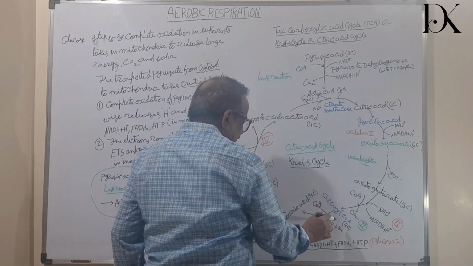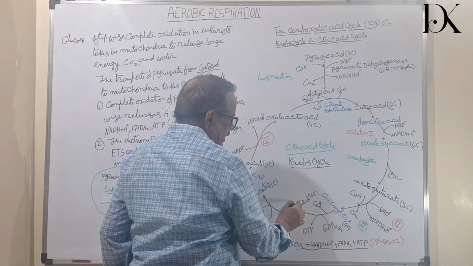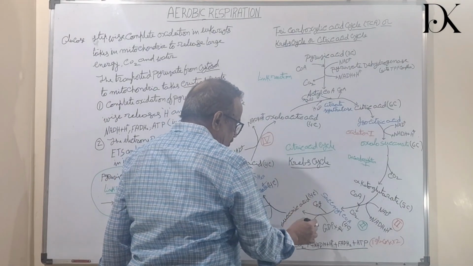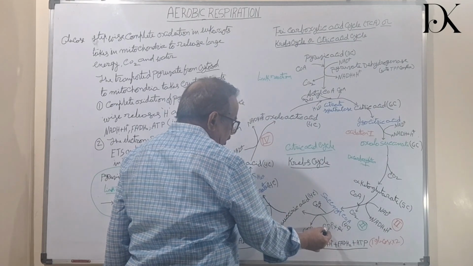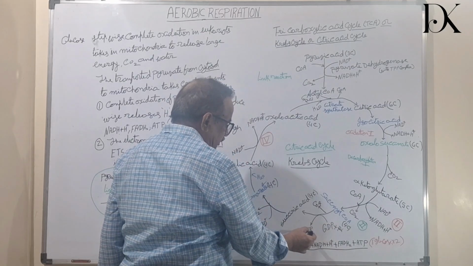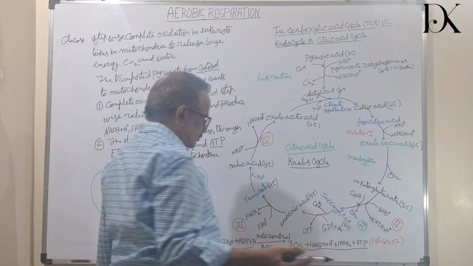Succinyl coenzyme A will be converted to succinic acid by losing coenzyme A, and the energy produced will be used to convert GDP to GTP or ATP, which will form immediately.